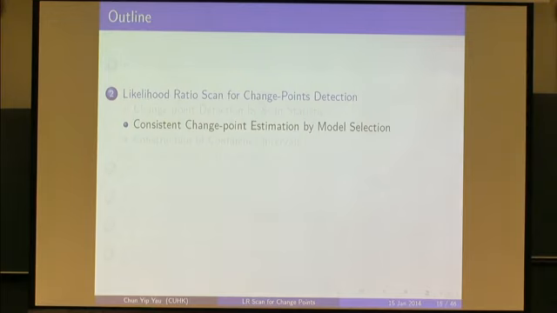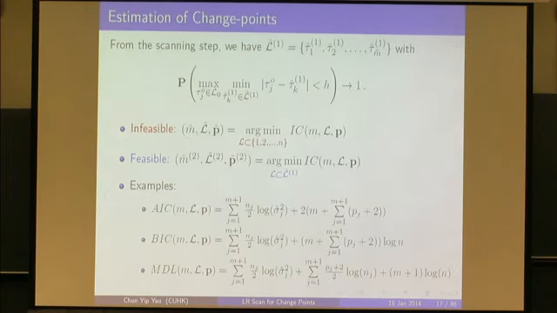We can use the second step, which is a model selection approach, to reduce the set to have a consistent estimate of change points. Traditionally, people use some information criterion, for example AIC, BIC, or MDL, to do a model selection type approach to find the change points.